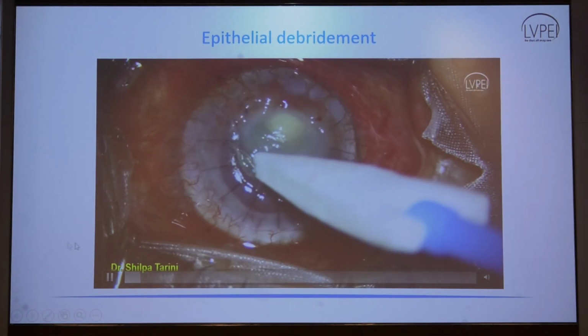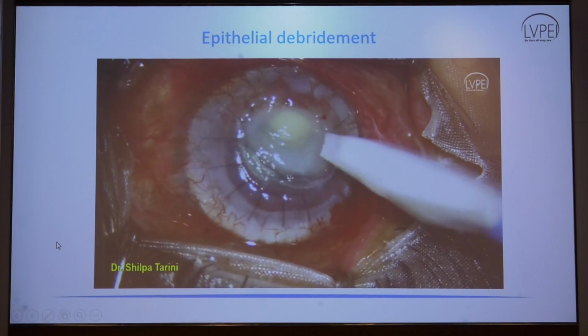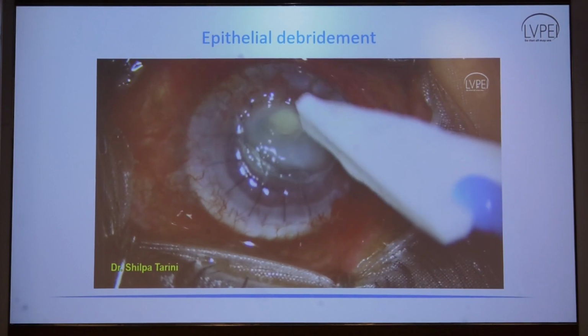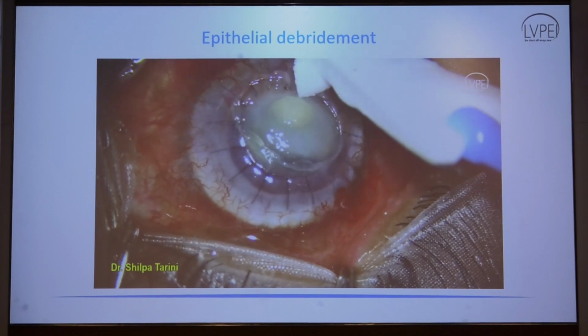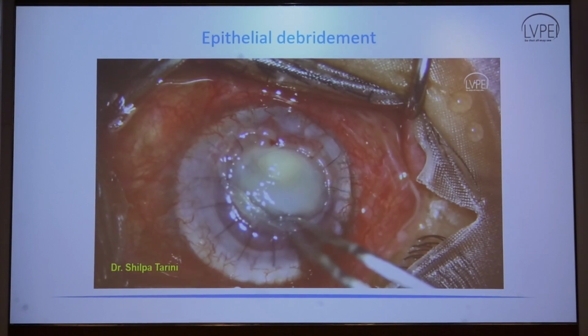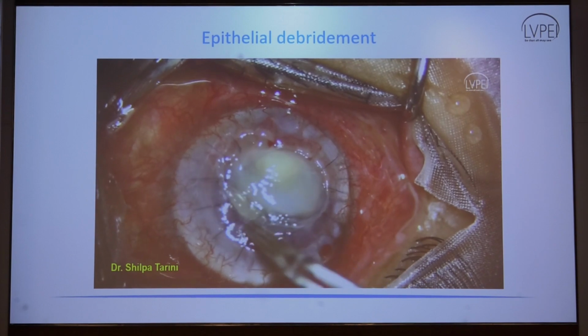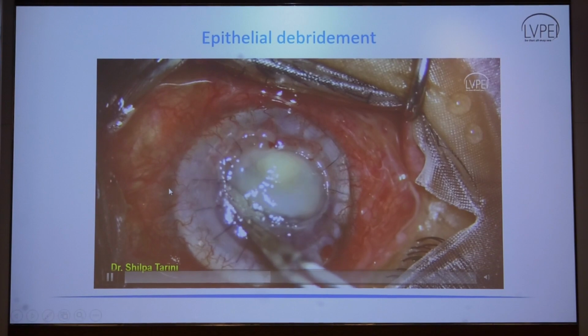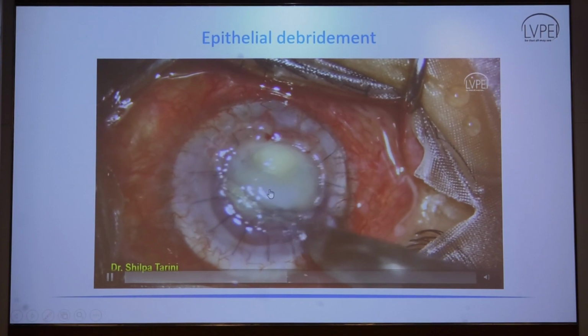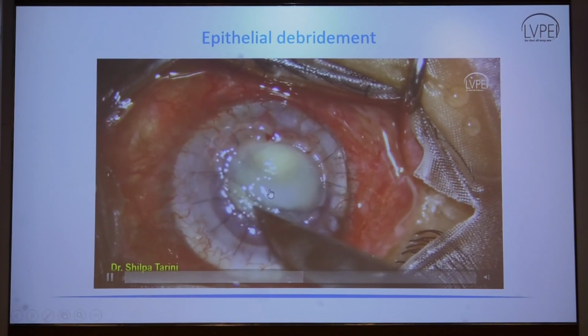Epithelial debridement is mandatory because the tissue adhesive does not stick to intact epithelium. So using a surgical sponge, you can just raise the loose epithelium around the area of infiltrate. You can also use a non-toothed straight forceps to peel off the epithelium, or use a 15 size blade to scrape off the epithelium.